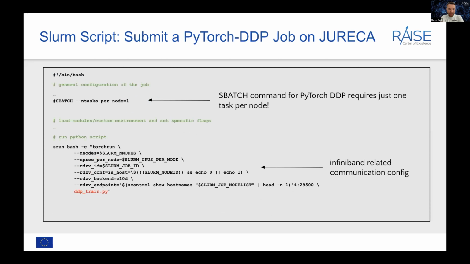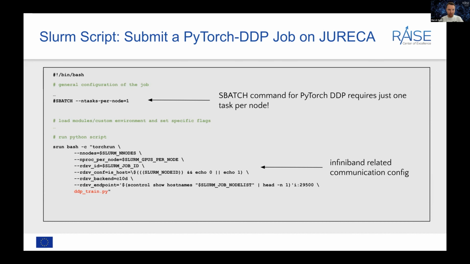Submitting a PyTorch job on Eureka is a bit different from the Horovod case, and I just highlight the differences here. Because of the way we structure this, the number of tasks you need to set for PyTorch DDP to run is 1, even though we have 4 GPUs on Eureka.